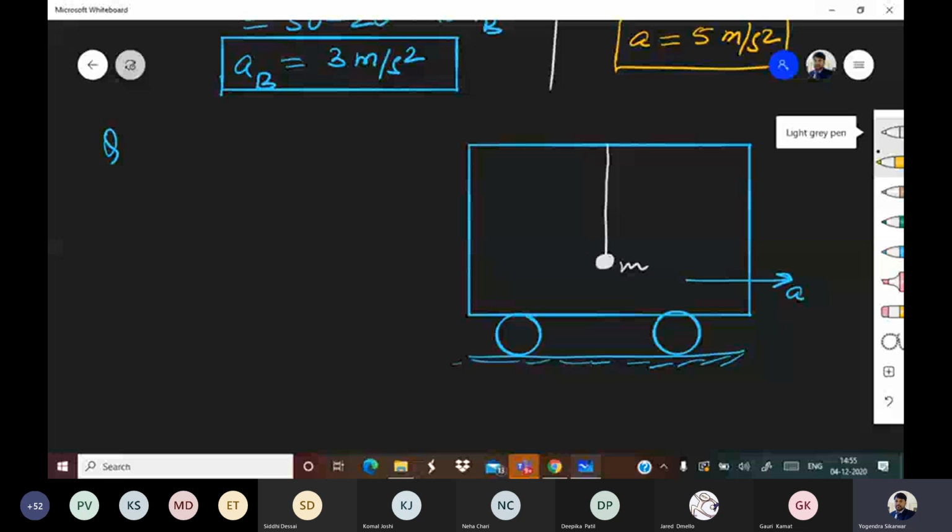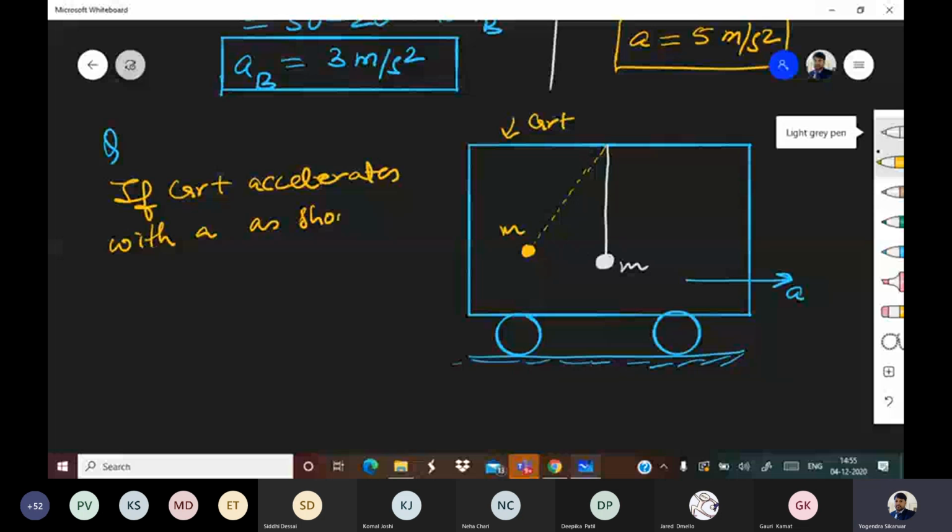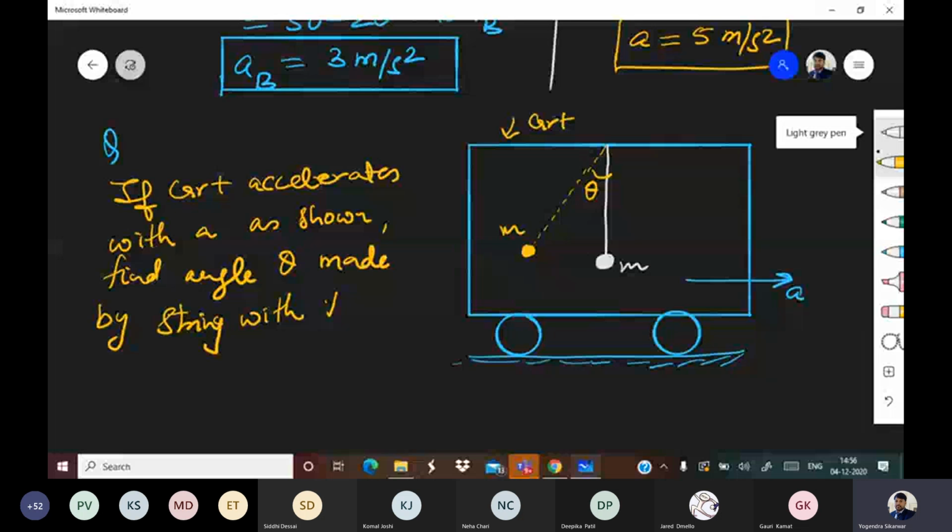So if this is cart, if cart accelerates with A as shown, find angle theta made by string with the vertical. Okay, please find.